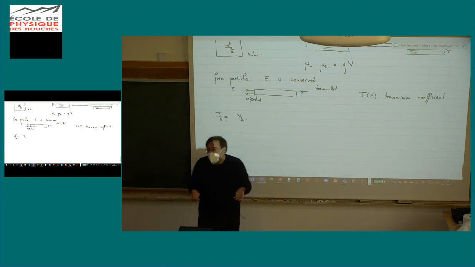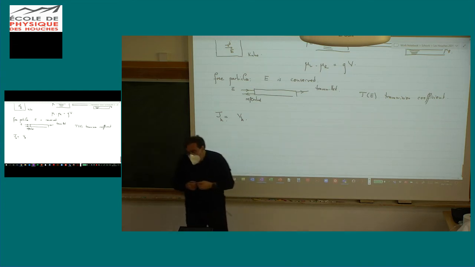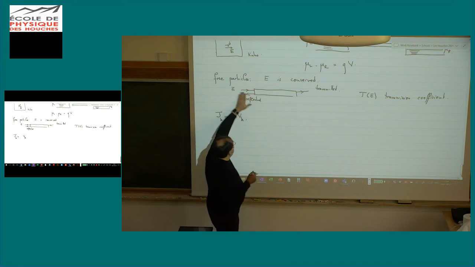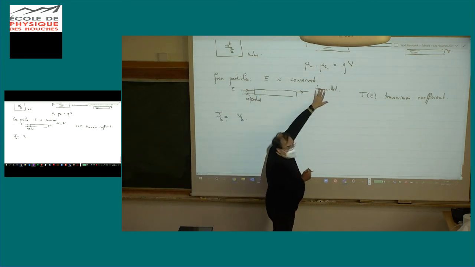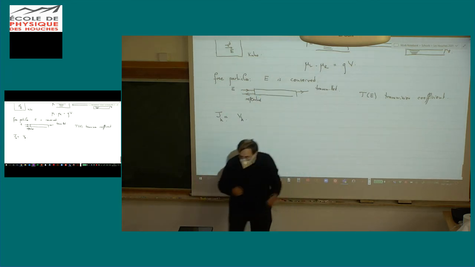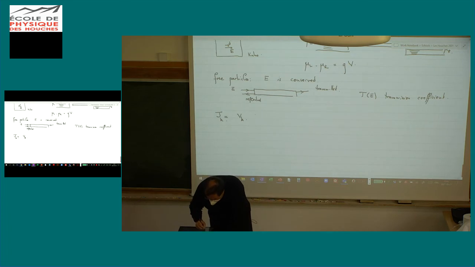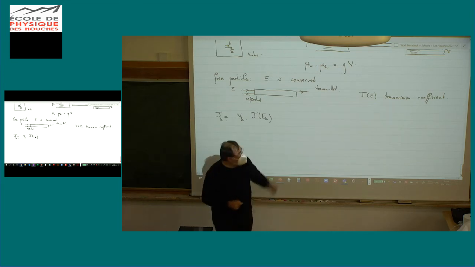Well, the number of particles is essentially the number of particles which could actually be transmitted on the other side of the system. So this will be times the transmission T of, let's call it E of k, which is the energy of the wave with the vector k.